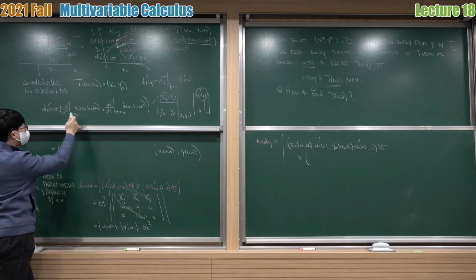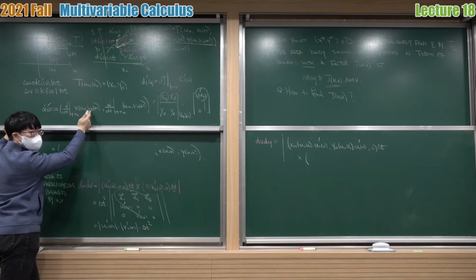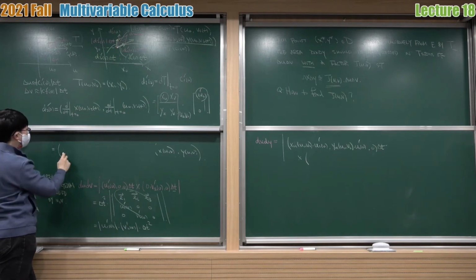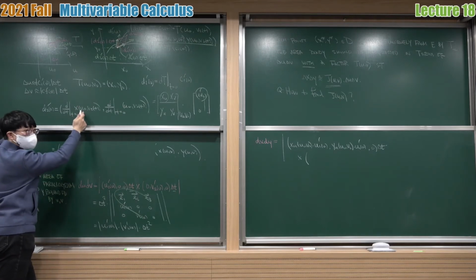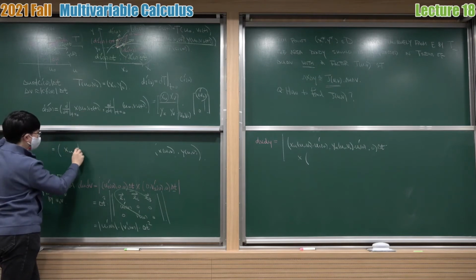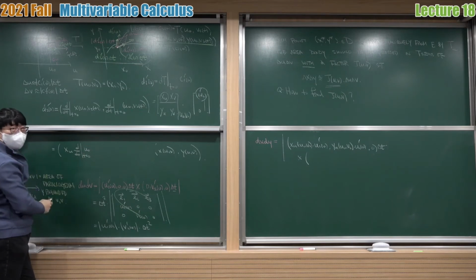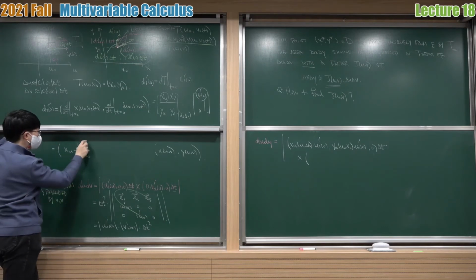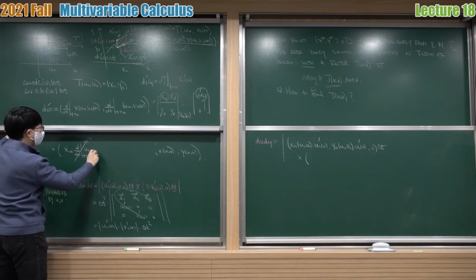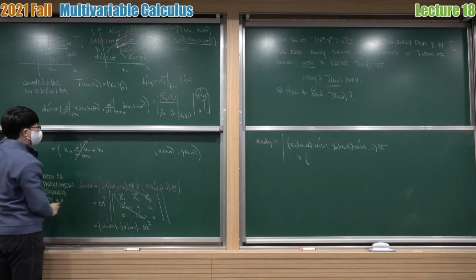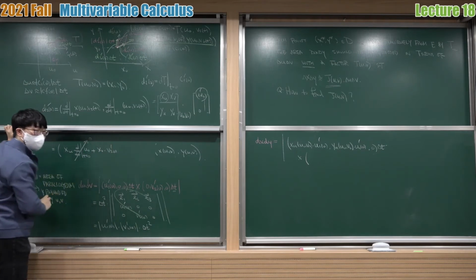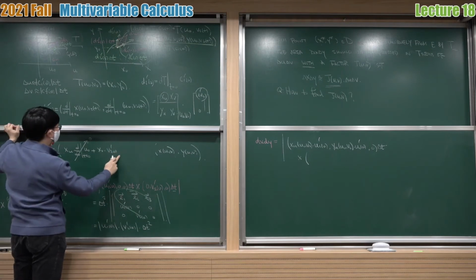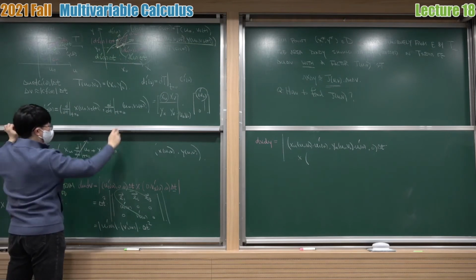The chain rule says that if you want to take the derivative of a composite function, you first take the partial derivative of x by u, and then you take the derivative of the u part, d/dt of u0. But u0 is a constant function, so if you take the derivative, it goes to 0 and disappears. And then you add the partial derivative by the second variable, and multiply it with the derivative of the second variable function at 0. So that's the first coordinate, and the second coordinate is similar.